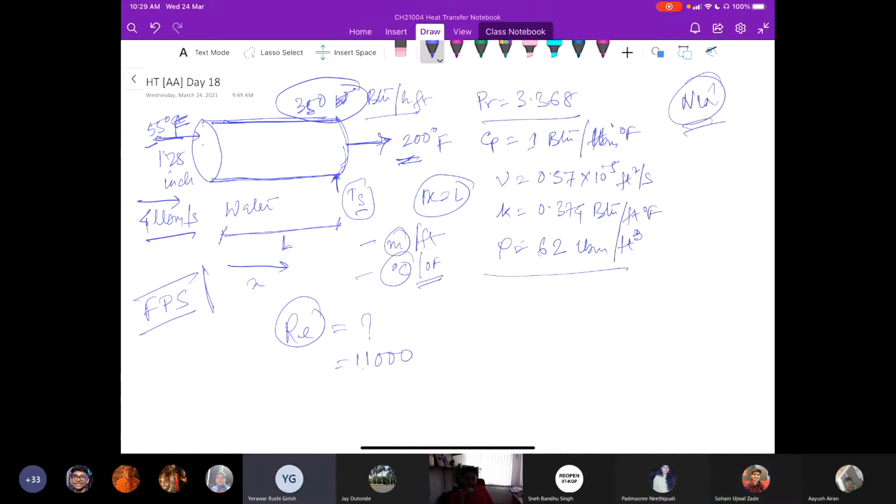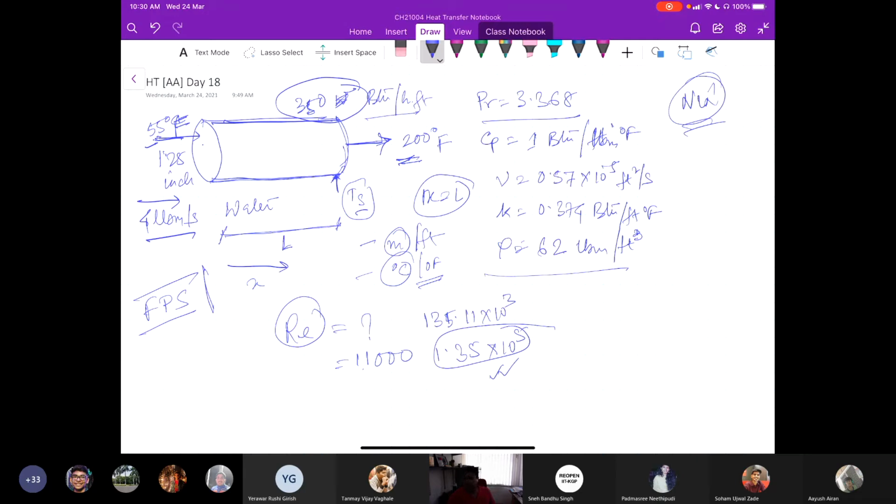So the Reynolds number is 135.11 into 10 power 3. Absolutely, so in the order of 1.35 into 10 to the power 5. Yeah, this is fine. It should be in such an order.